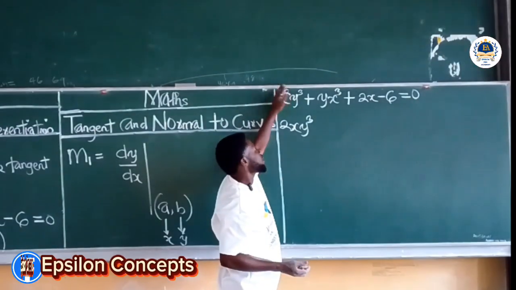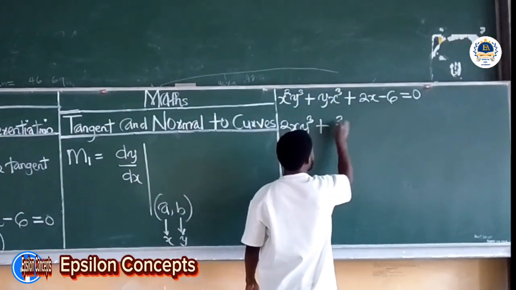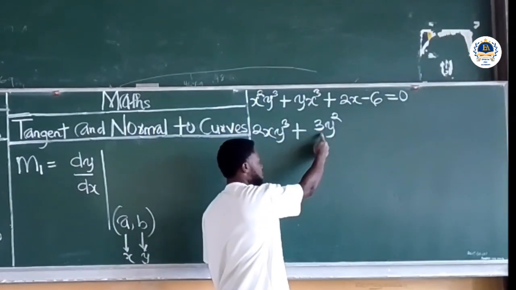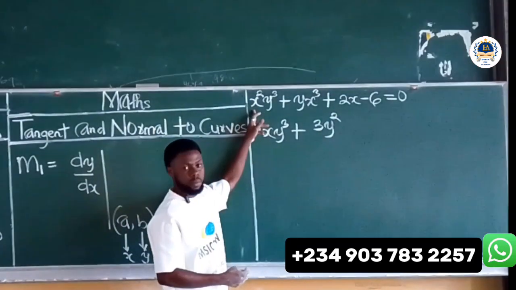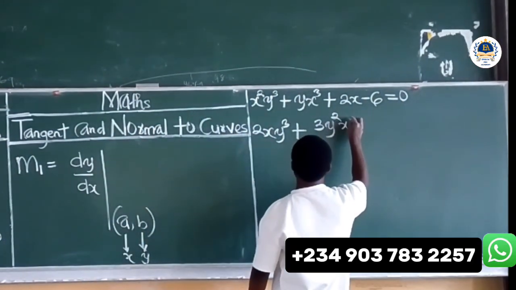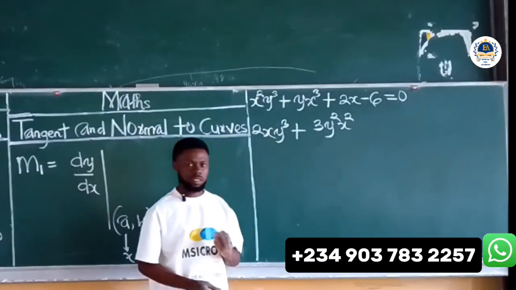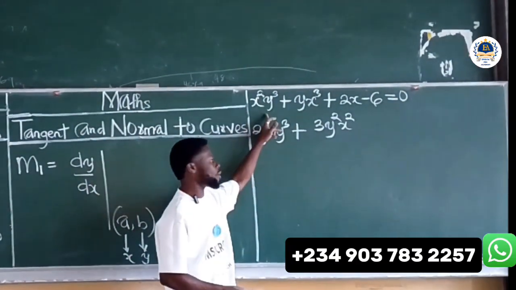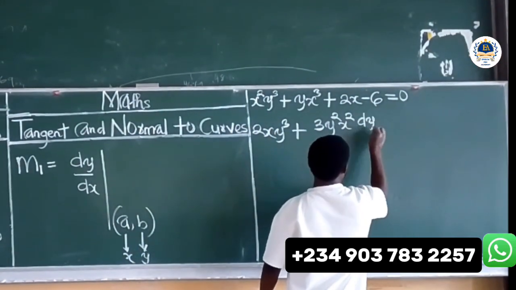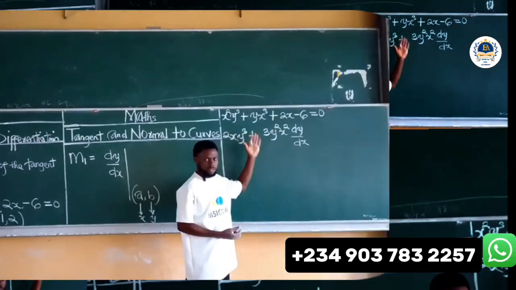Then multiply by the term we covered, so plus 3y squared times x raised to the power of 2. The rule is that whenever you are differentiating with respect to the y term, add dy over dx to it.